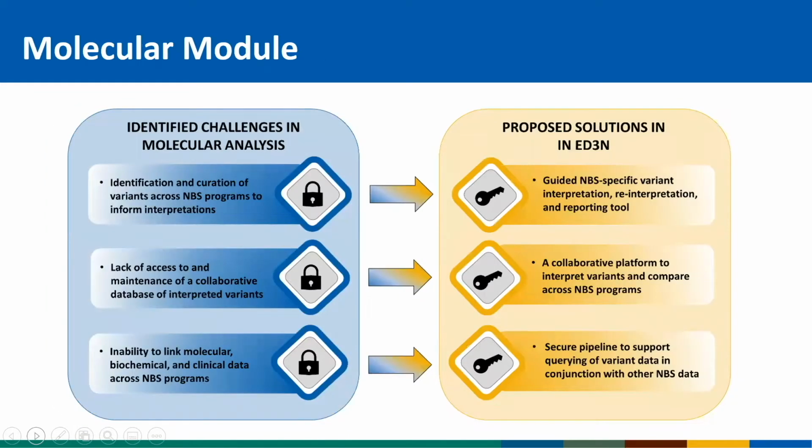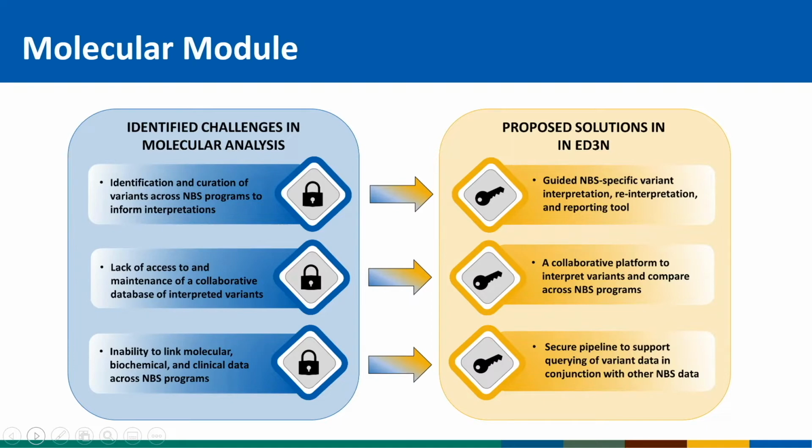If we move on to the molecular module, this by far is the furthest along in development right now. This image illustrates challenges identified by the newborn screening community and subsequently proposed solutions that will be provided by EDN. Identified challenges include the relatively high rate of variant findings, especially variants of uncertain significance, and subsequent curation needs as newborn screening programs look to add more molecular sequencing.